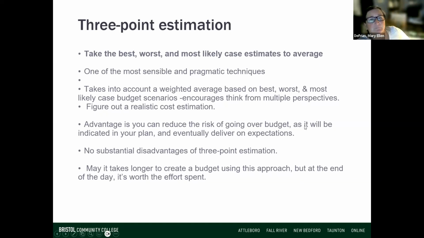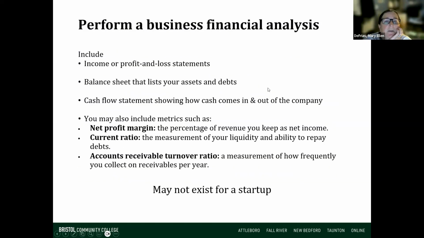Now, we're going to talk about some of the business financial analysis issues, some things that banks may ask you for, some things that you need to know if you took a couple of the other classes where we talked about these.